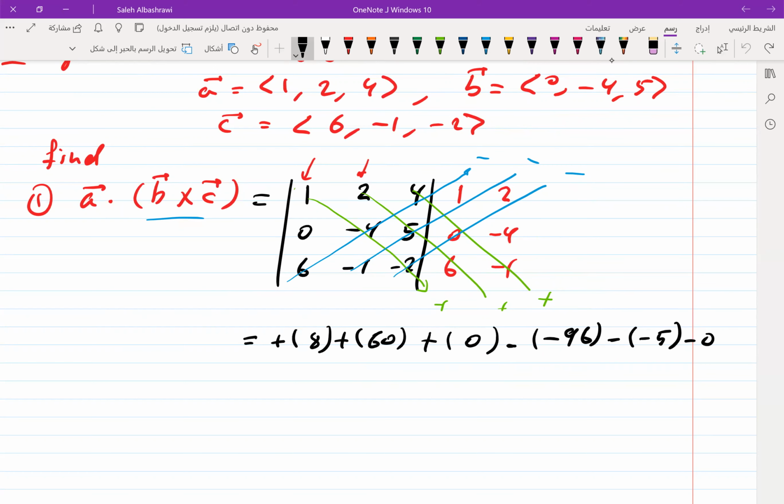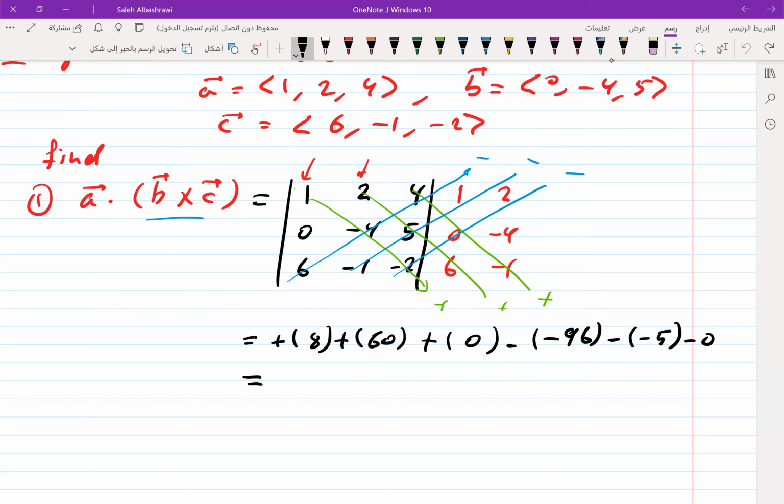Minus 0, because there is 0 there. Minus 2 times 0. This will give me the determinant of these three vectors. Going from the upper left corner to the right down takes the positive signs. From the lower left corner to the right up gives me negative signs.